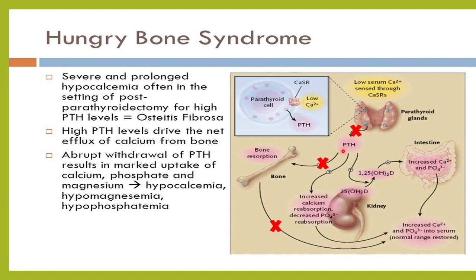The high PTH level drives the net efflux of calcium from the bone. So abrupt withdrawal of this PTH results in marked uptake of calcium, phosphate and magnesium. Because suddenly the PTH is not there, there is hypocalcemia, hypomagnesemia, and hypophosphatemia. So these bones are now hungry.